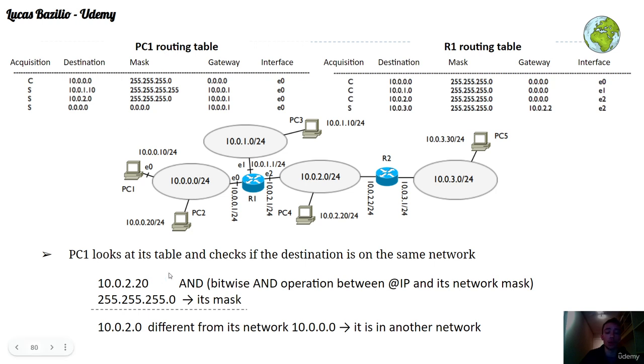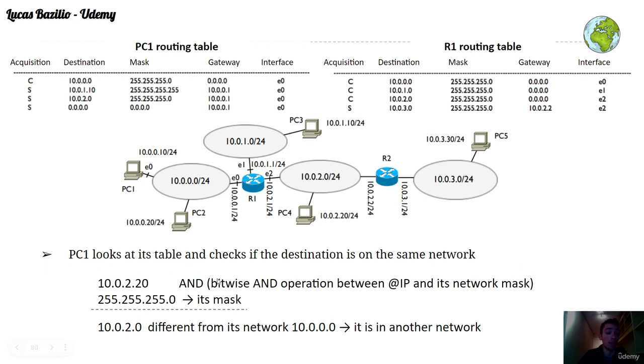And in fact, this destination is not a network. This destination is a host, in fact. This destination is this host that we have here, PC4. So we want to see if this host, PC4, is connected to the same network as PC1. And this is the procedure.